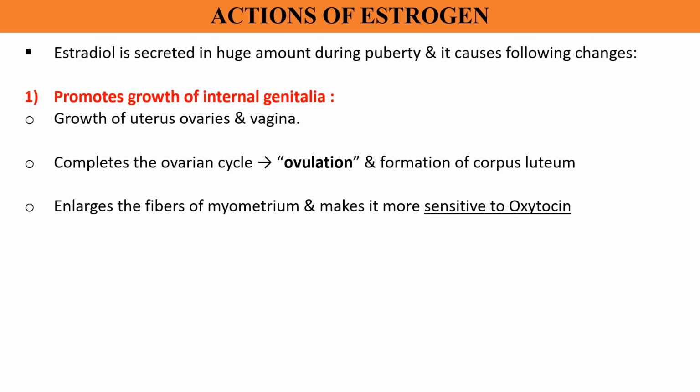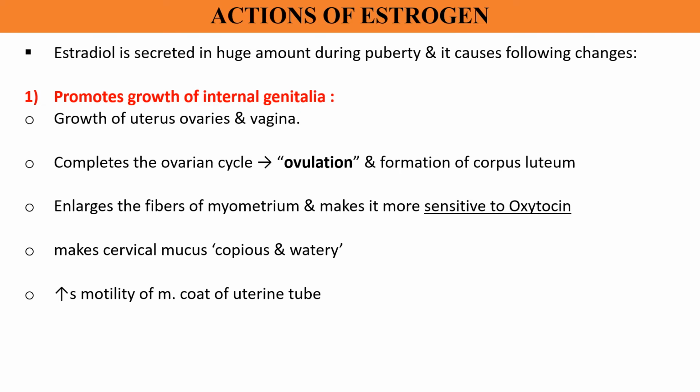Estrogen enlarges the myometrium muscle fibers and also makes them more sensitive to oxytocin hormone. It is responsible for making the cervical mucus copious and watery. Estrogen increases the motility of the muscle coat of uterine tubes. It thickens the vaginal epithelium, increases the vaginal secretions, and makes the vaginal pH more acidic.